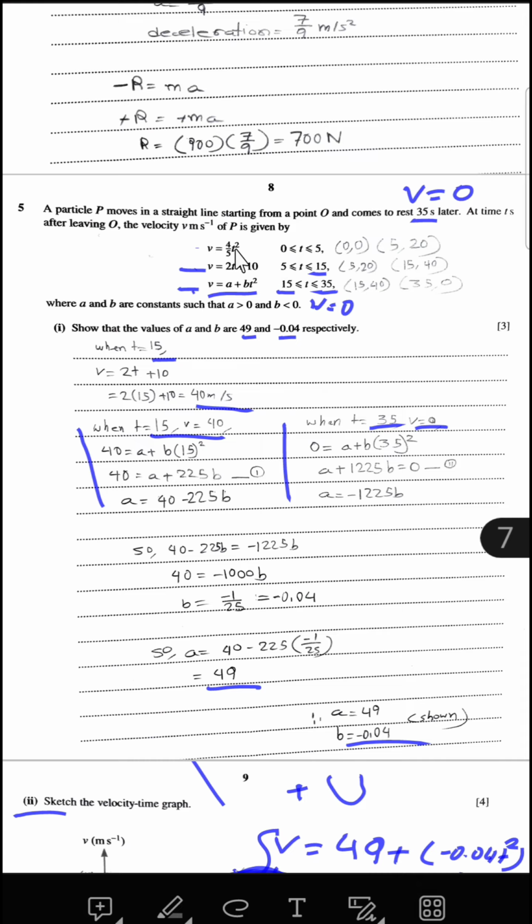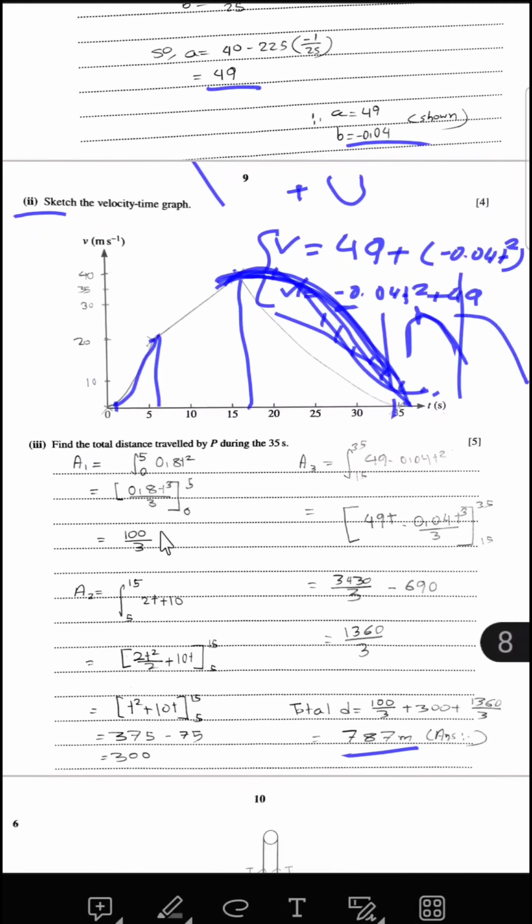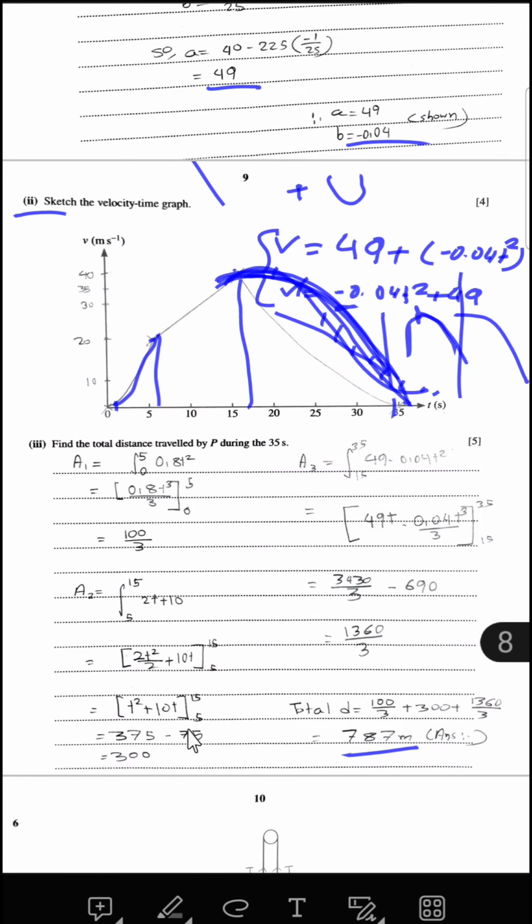That is, for the first expression, the time limits would be 0 to 5, for the second 5 to 15, and for the third 15 to 35. Between these time intervals, we integrate these expressions separately, find the area under the graph, and sum this up to find the distance, that is 787 meters.